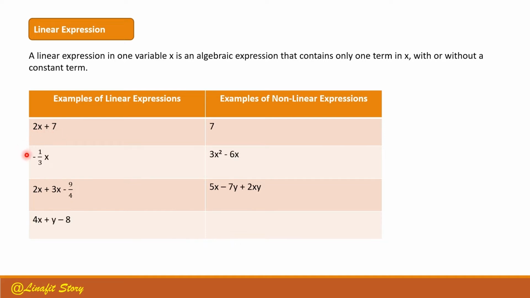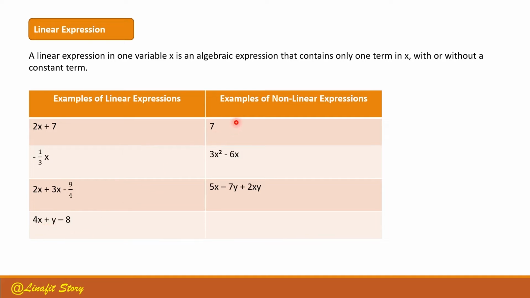Negative 1 over 3x is a linear expression with only one term in x and no constant term. 2x plus 3x minus 9 over 4 is a linear expression because we can add the two terms in x to get one term in x. 4x plus y minus 8 is a linear expression in two variables x and y.